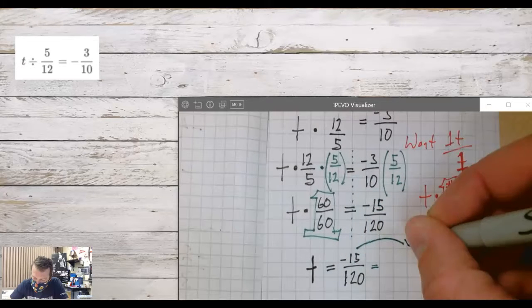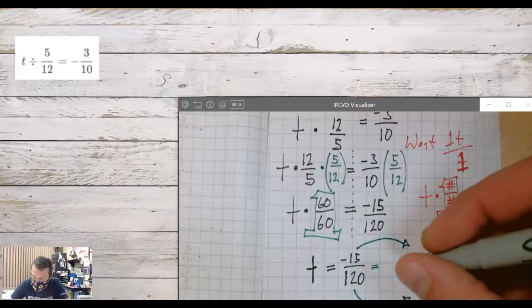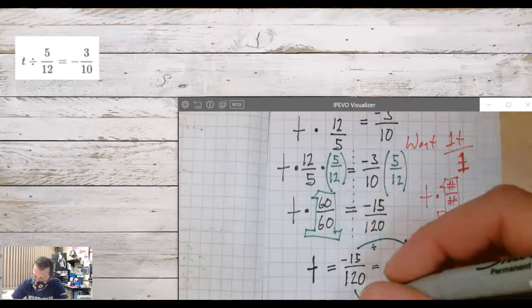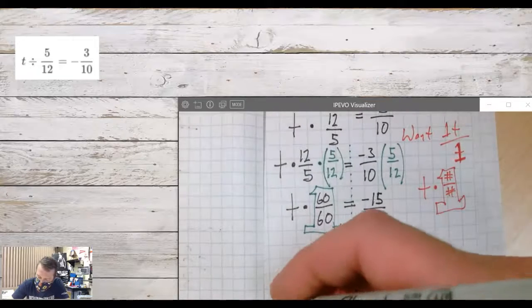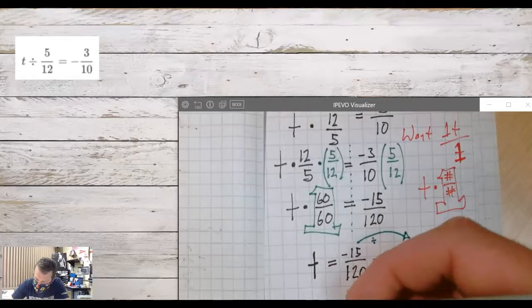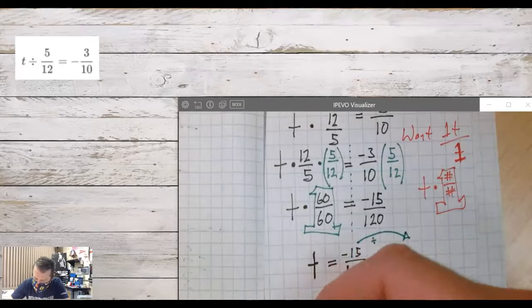Guys, we should be drawing this. If this has at all been challenging for us to do, we should be drawing all of this. We're going to divide by a common factor. So to reduce a fraction, we divide by a common factor.